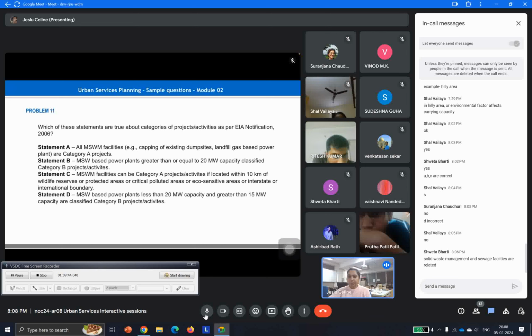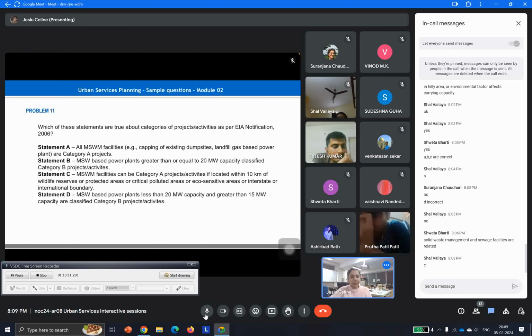Statement B, MSW based power plants greater than or equal to 20 megawatt capacity are classified as category B projects. And statement C, MSWM facilities are category A projects if located within 10 kilometers of wildlife reserves or protected areas. Statement D, MSW based power plants less than 20 megawatt capacity and greater than 15 are classified as category B projects. So this is again a multiple correct answer question.